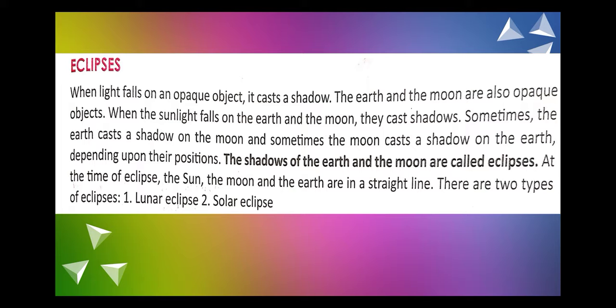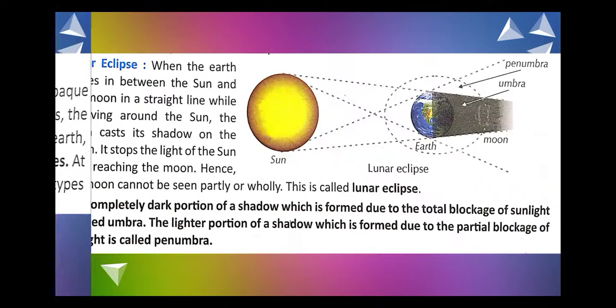In this way, there are some situations where the moon comes in between the sun and the earth, and sometimes the earth comes in between the moon and the sun. We'll talk about both kinds of eclipse, lunar and solar eclipse.